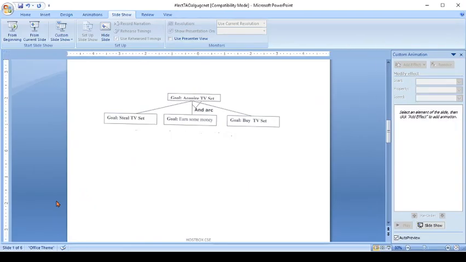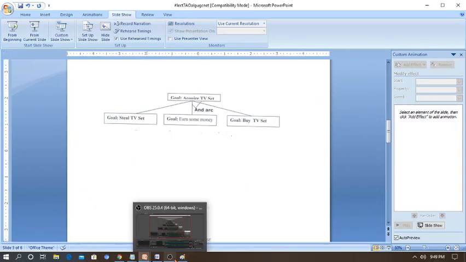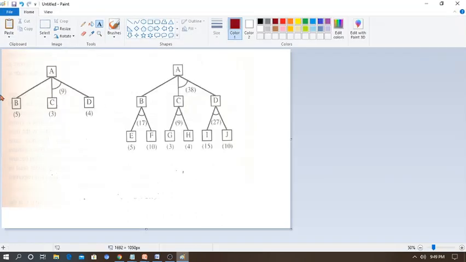Let's go for another example for better understanding. Take the first example, where you have nodes A, B, C, D. We are looking at the promising node.